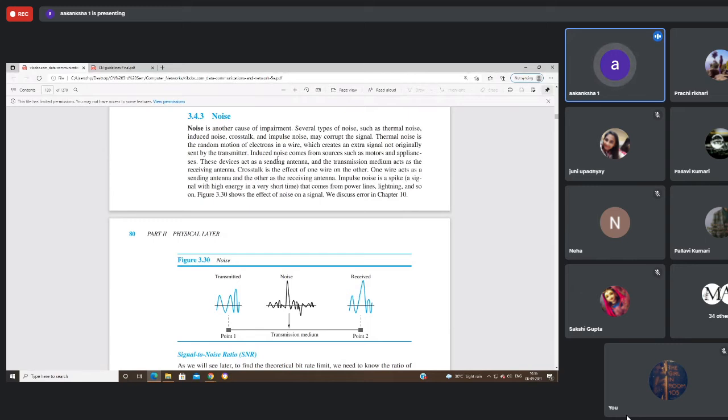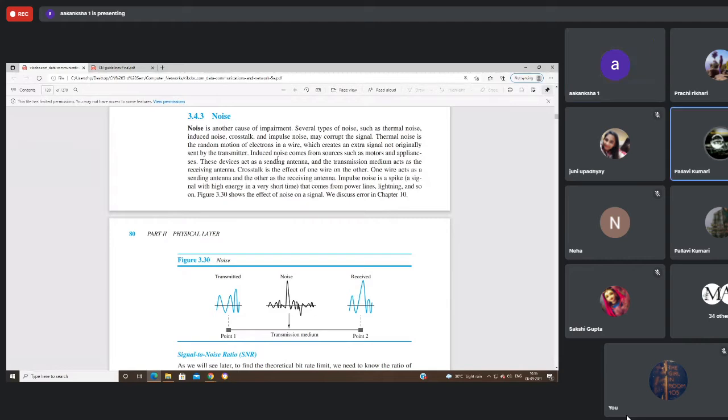Or suppose there is some other motor running near your laptop or mobile phone when you are transmitting the signal. It is also generating some EM waves, because you must have studied in physics, when an electrical signal is transmitted through a wire, an electromagnetic field is generated in a circular area around the wire.